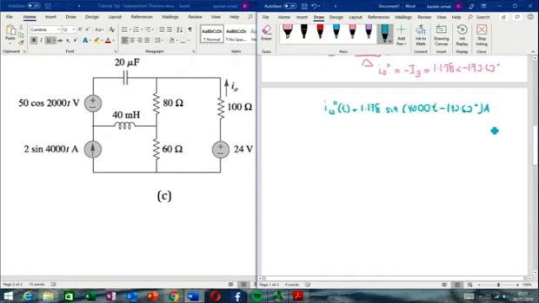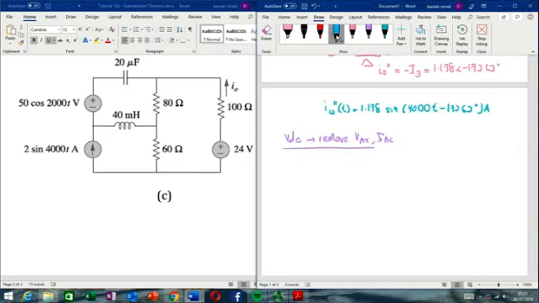So next, calculate the value of I naught when we consider VDC, remove VAC and VIAC. Okay.